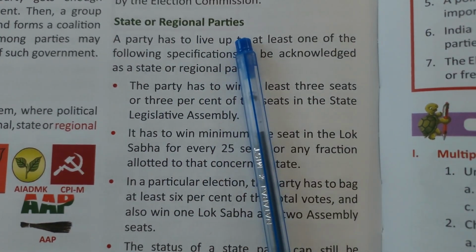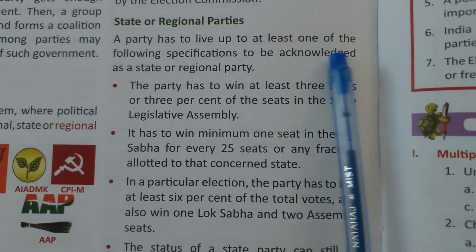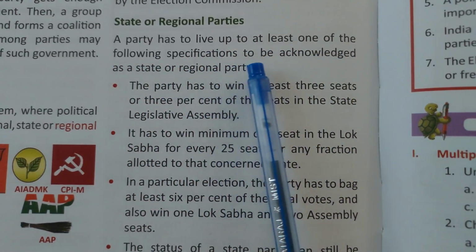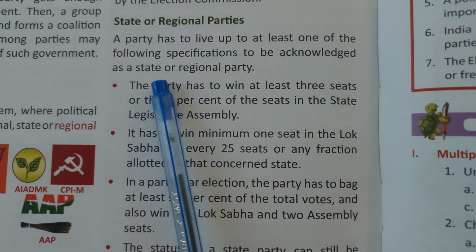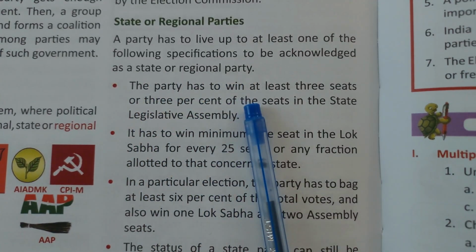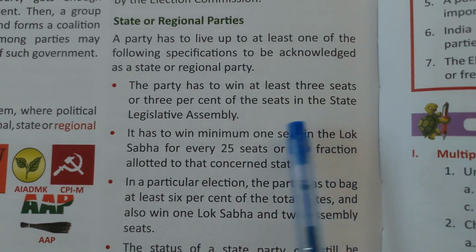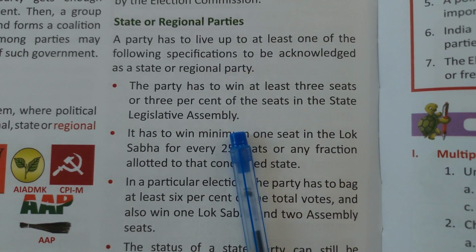State or regional parties. A party has to live up to at least one of the following specifications to be acknowledged as a state or regional party. The party has to win at least 3 seats or 3% of the seats in the state legislative assembly.